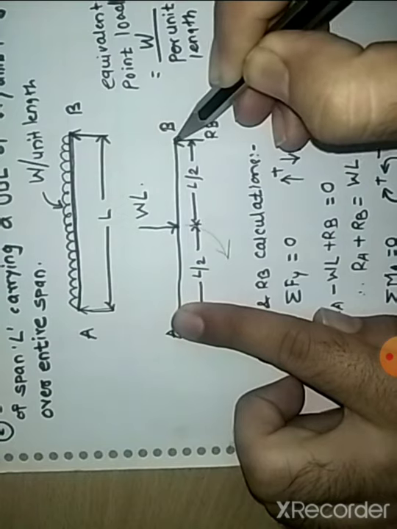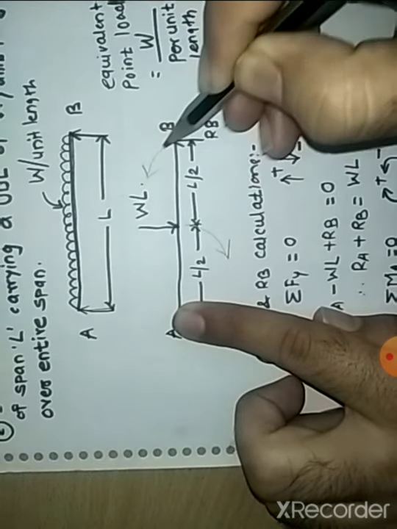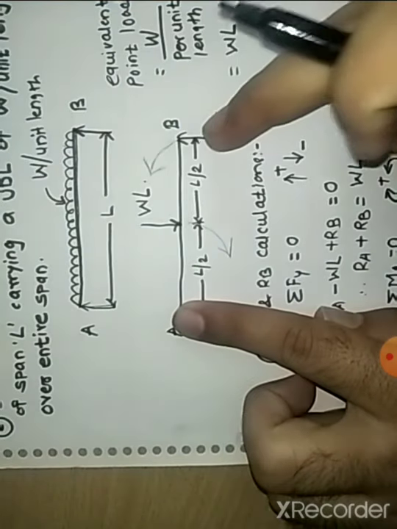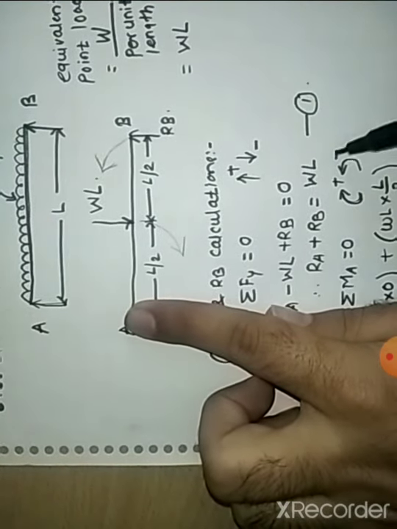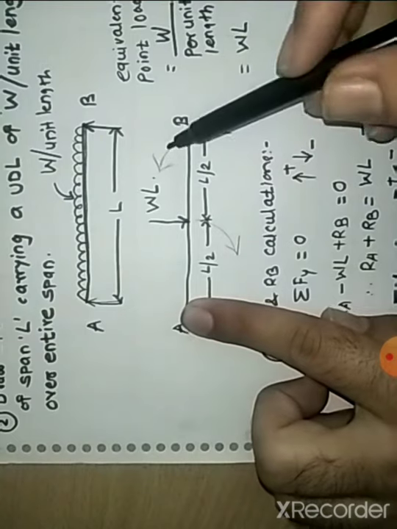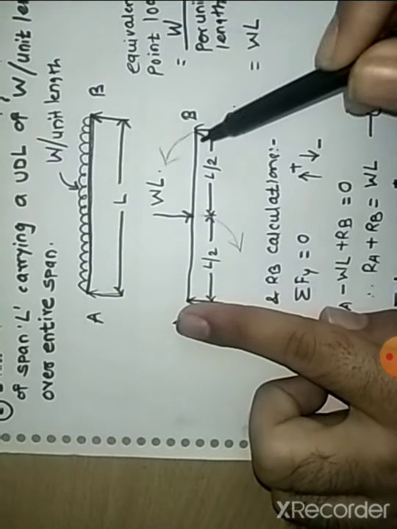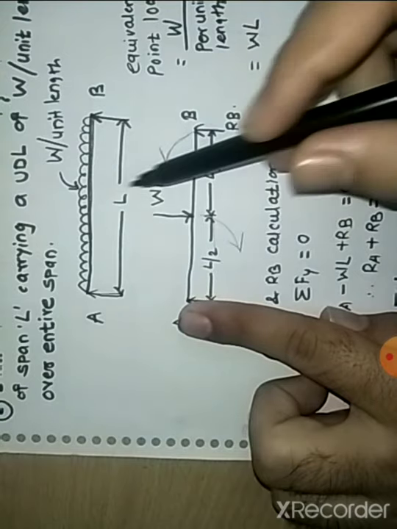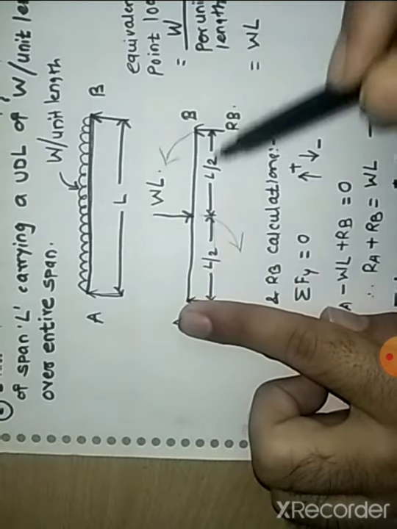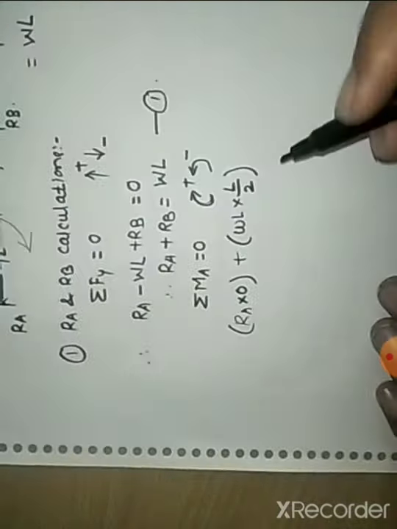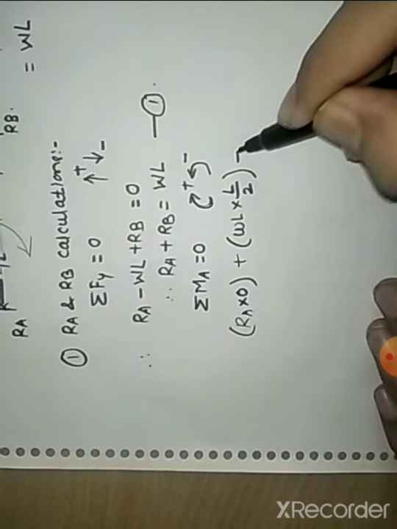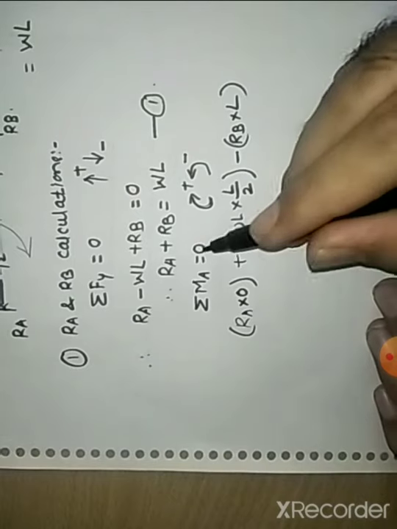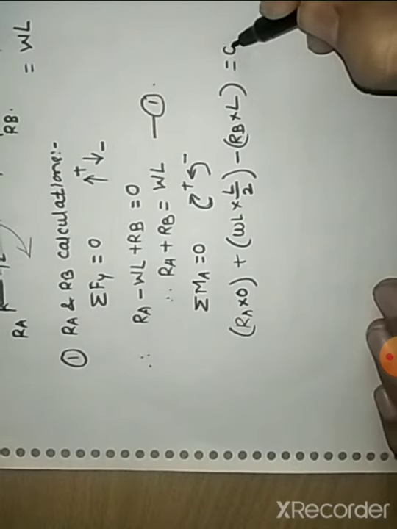RB will come as anti-clockwise direction, so anti-clockwise is negative. So minus RB into distance L, as L by 2 plus L by 2 will become L. So minus RB into L is equal to 0.